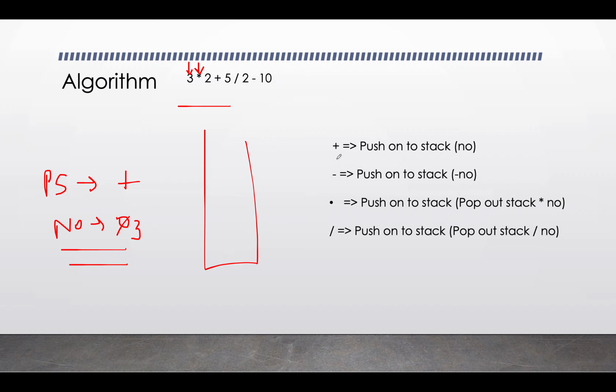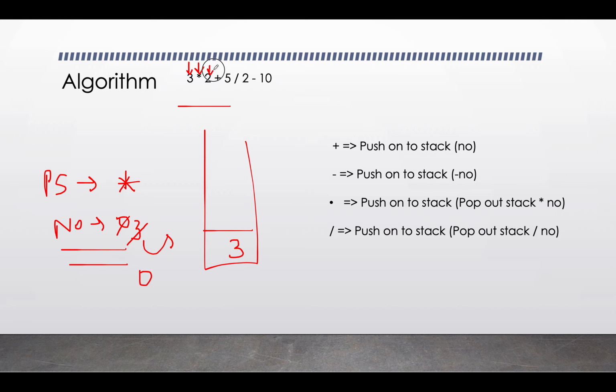When the previous sign is plus, you simply push it onto the stack as 3. Then you also reset the sign and the number. The number gets reset to 0, and the sign gets set to multiplication, since the current character is multiplication. Then you move ahead.